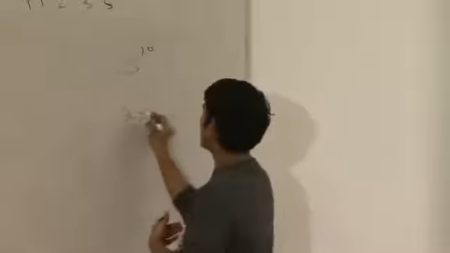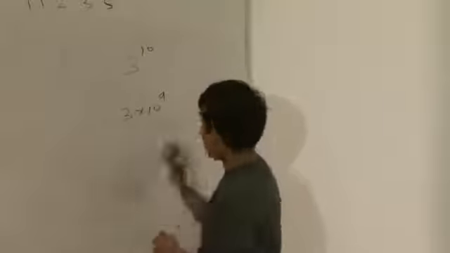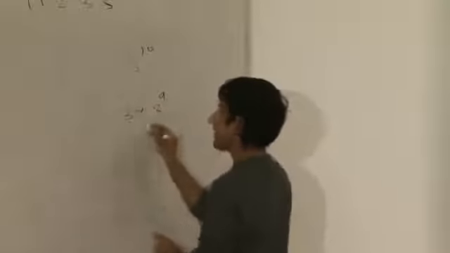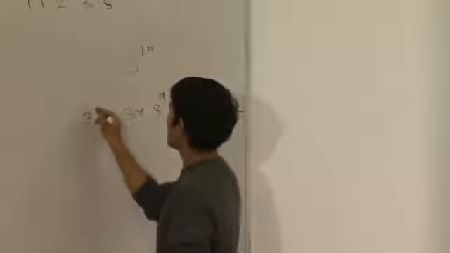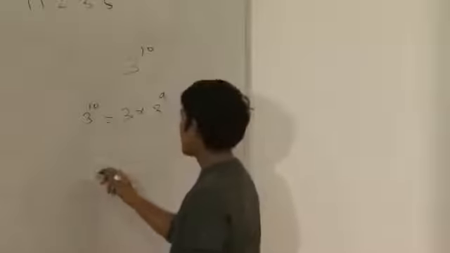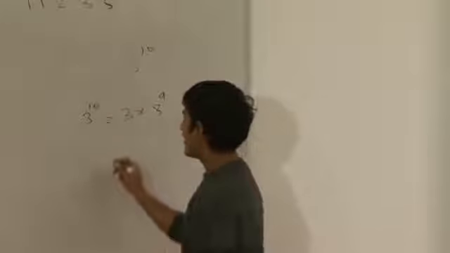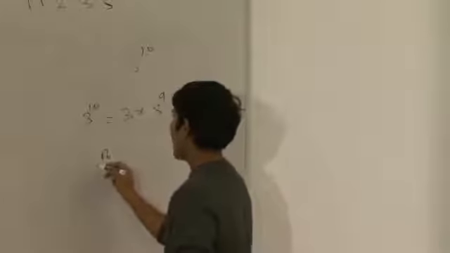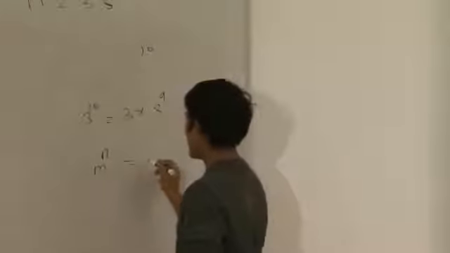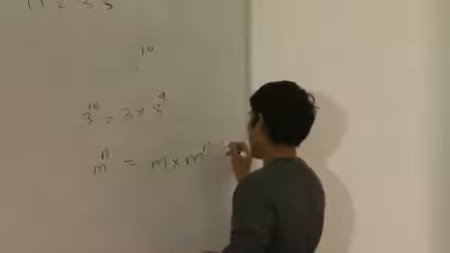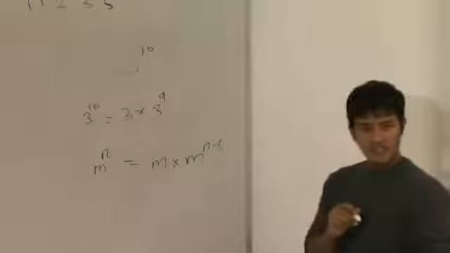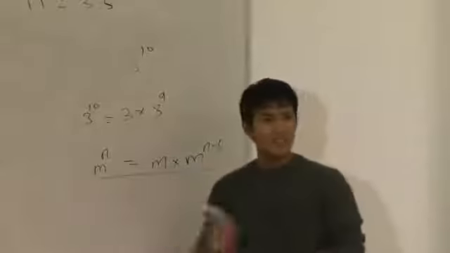So it'll be 3 into 3 to the power 9. Okay? So if you want to find the nth power of number m, you would say m into m to the power n minus 1. Okay. So now you have your recursive case.